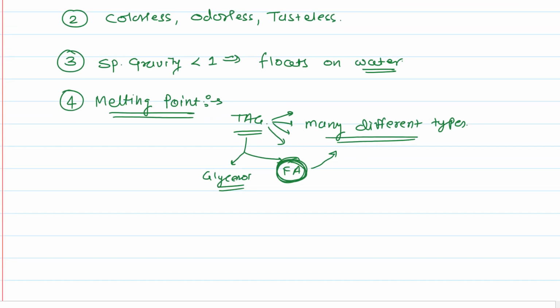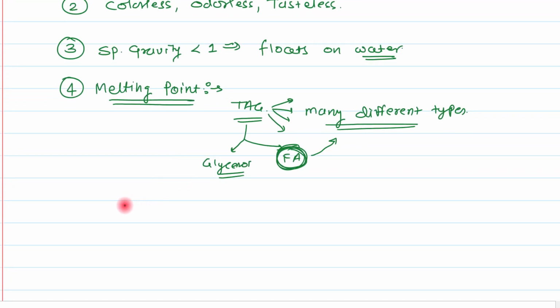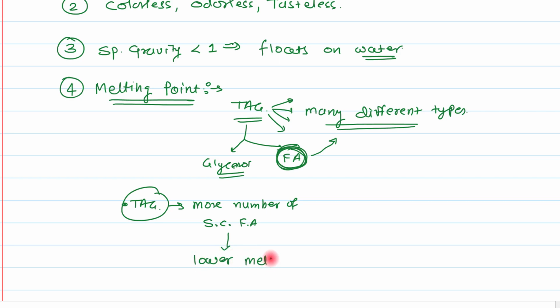To understand this, suppose some triacylglycerols have a higher number of short chain fatty acids. The higher the number of short chain fatty acids, the lower the melting point. If some triacylglycerol has more long chain fatty acids, then it will have a higher melting point.